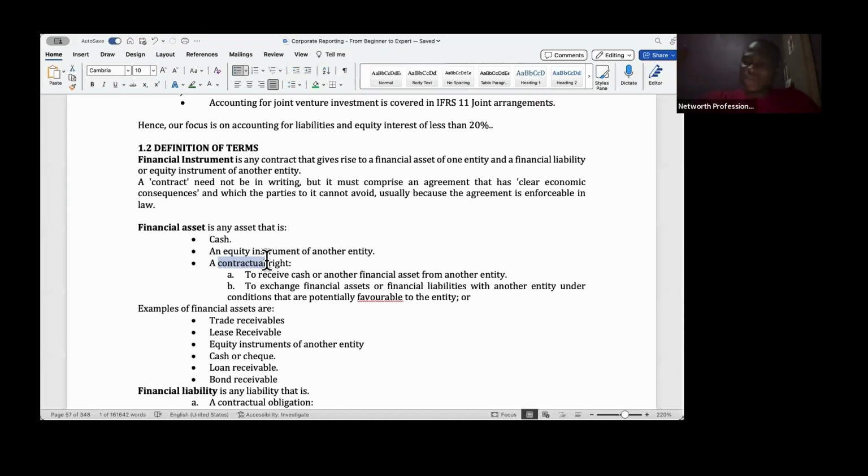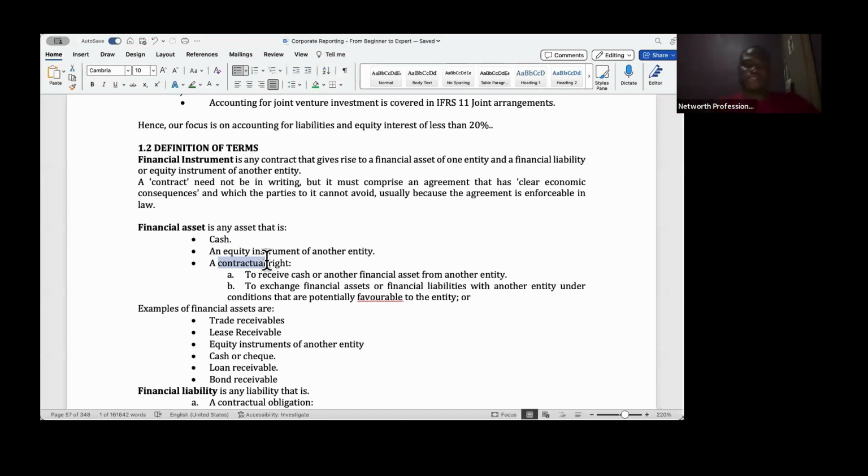That is why they are classified as PPE or intangible asset, as the case may be, because they are held for use for production, supply, rentals, or admin. So they are different from financial assets.